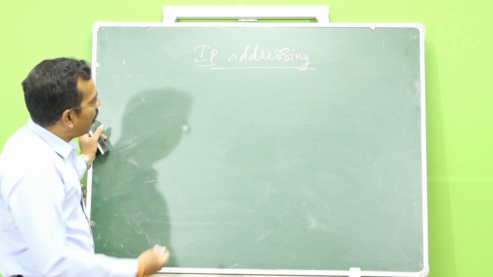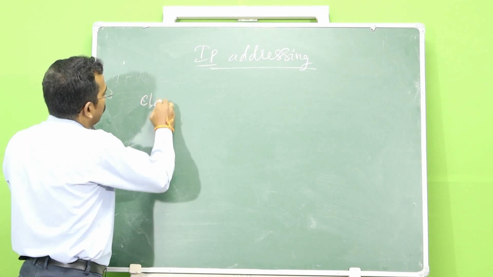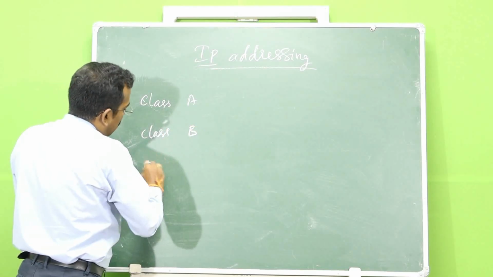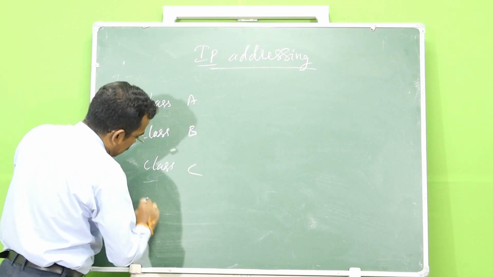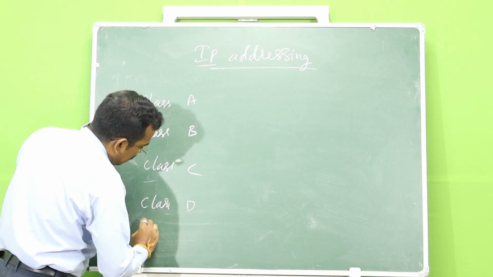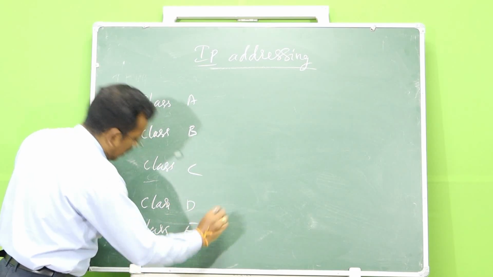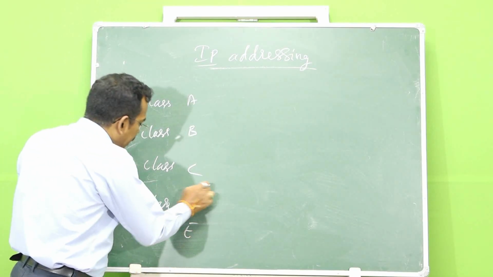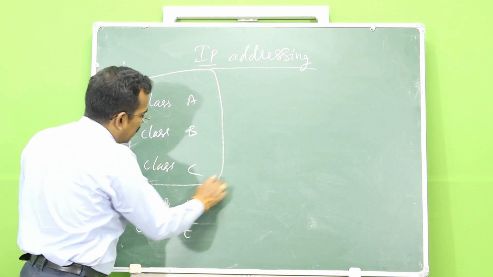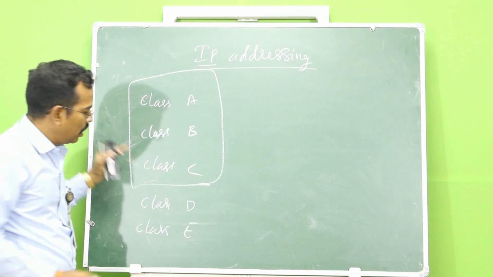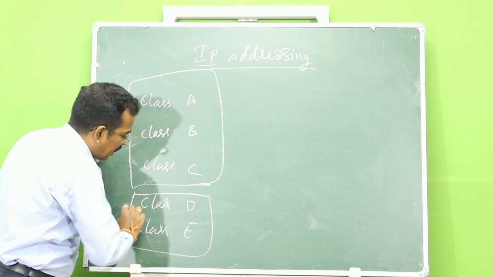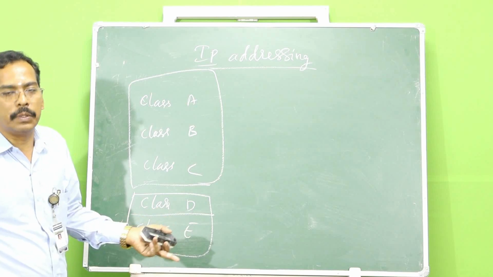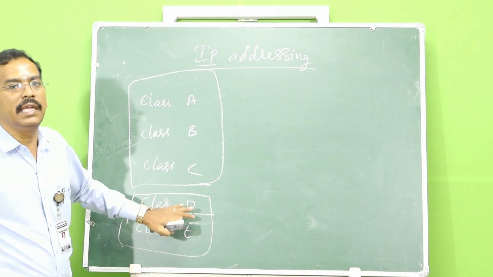The formation is done by separating addresses into classes: class A, class B, class C, class D and class E. We can only deal with class A, class B and class C. We can't touch class D and class E. Class D is for extension purposes and class E is for research purposes.